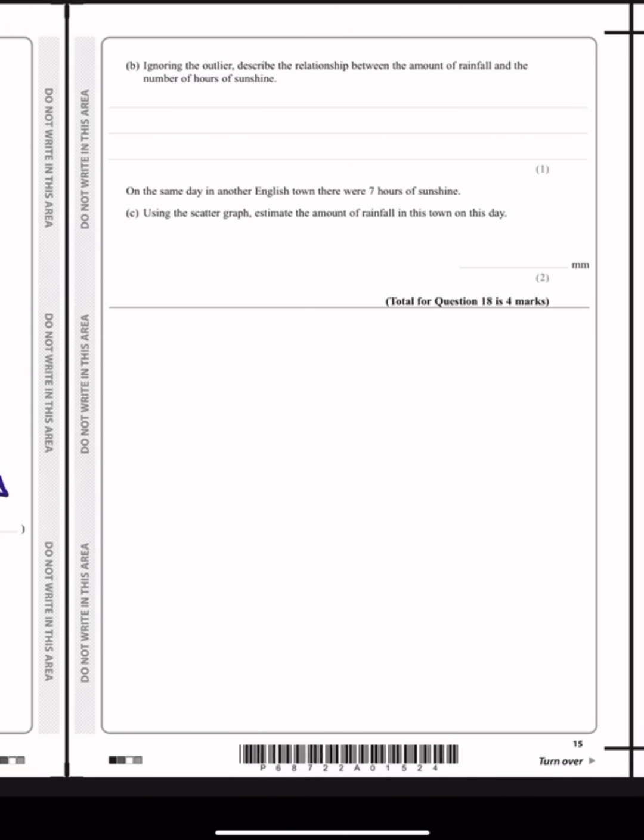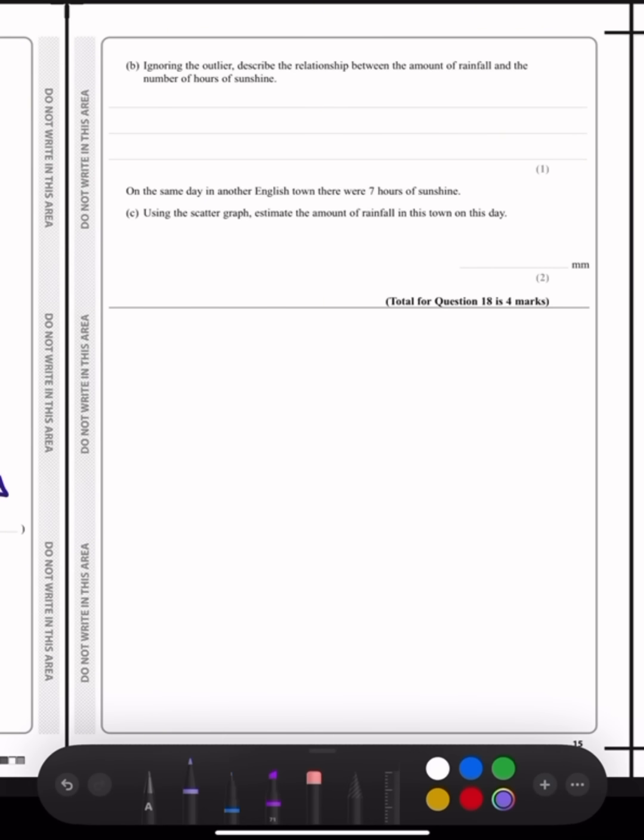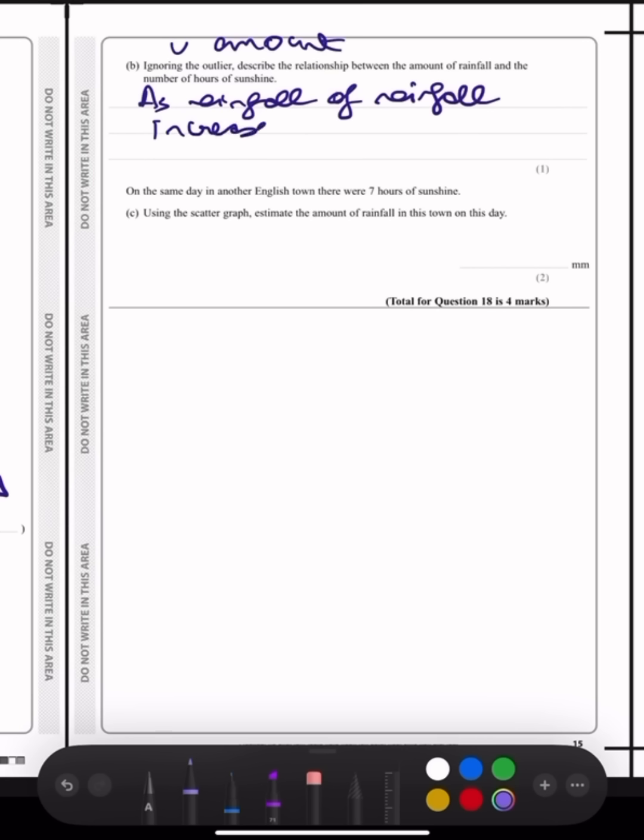Sometimes my scale doesn't work. So in here, we clearly write, as the amount of rainfall increases, the number of hours of sunshine decreases.